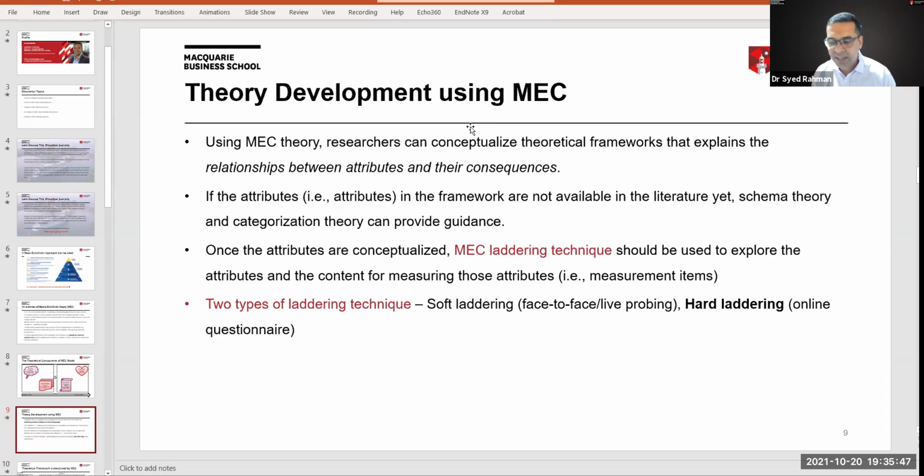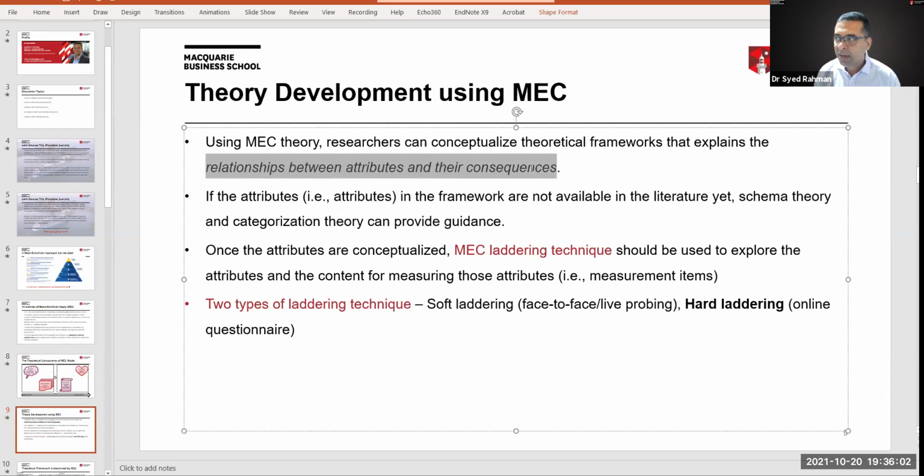And most of us declare that as theory development, that we have developed something new, some new relationship which hasn't been explored before. So if you are on that journey where you would like to understand the relationship between attributes and consequences in a particular context, we recommend that you start with means-end chain theory, but that's just a theoretical discussion. You then need to collect data, isn't it?